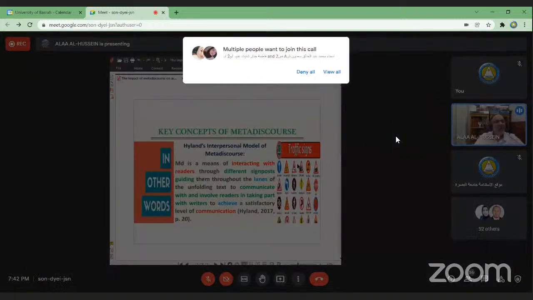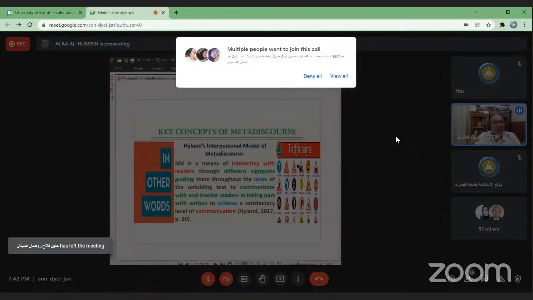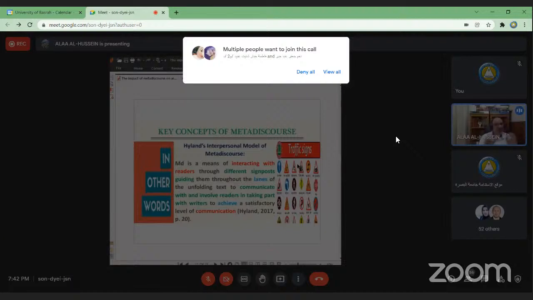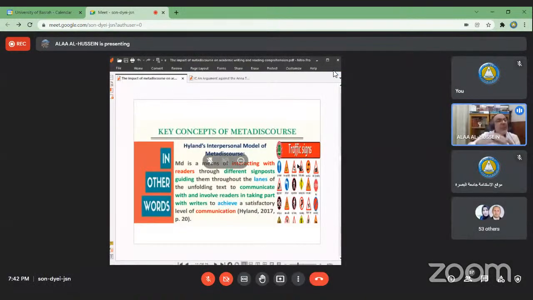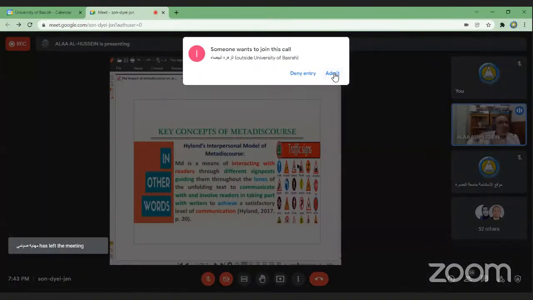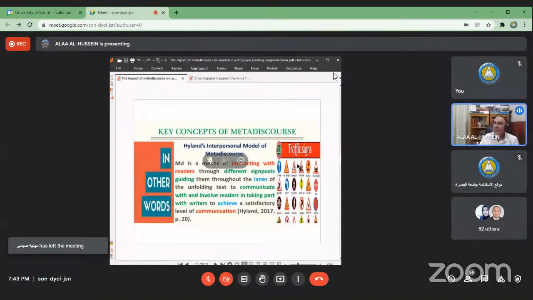So the ultimate goal of using meta-discourse is to facilitate the process of communication. Keep this in mind: to facilitate the process of communication, not only for the readers, but for the writer as well, to organize his ideas and to communicate with readers.